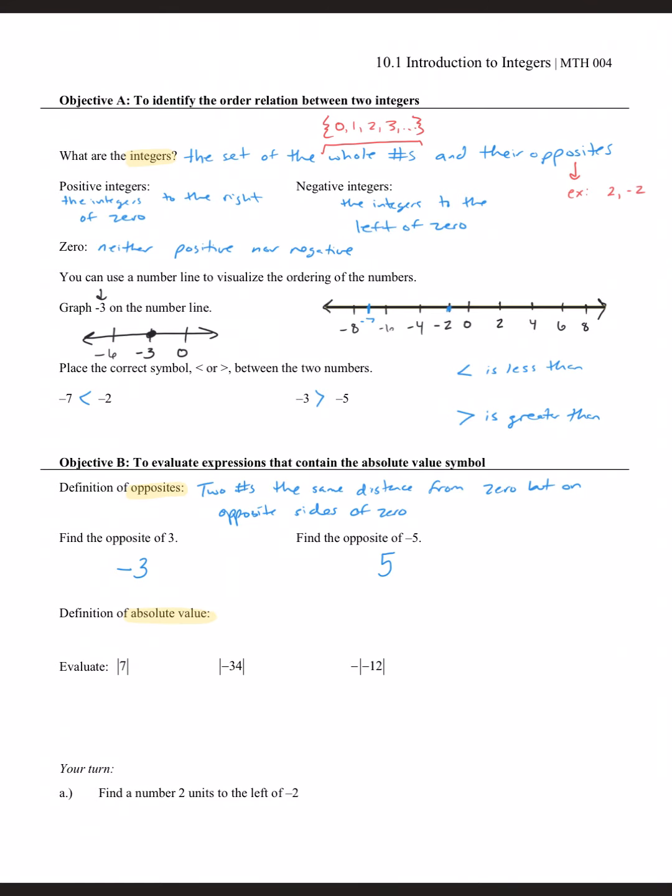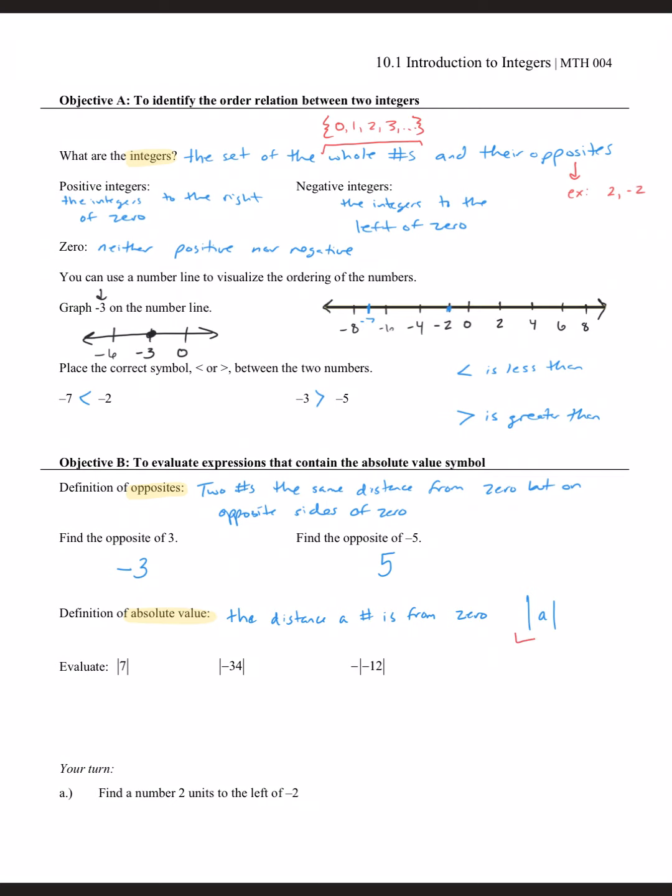The next definition that we have is the definition of absolute value. Absolute value is the distance a number is from zero. And the notation looks like 2 vertical bars around a value.